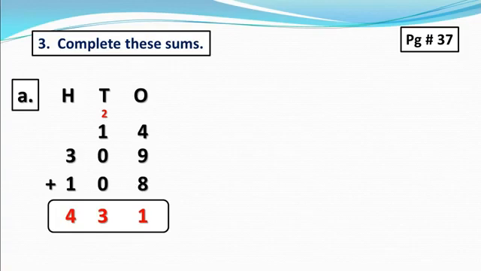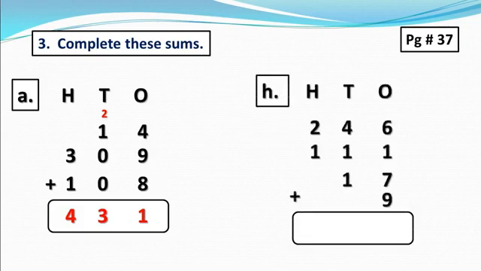Now I am going to solve part H of question 3. Start with the ones column. 3 plus 4 equals 7. 7 plus 7 equals 14. And 14 plus 9 equals 23. But we cannot write 23 in the ones column. So here we will have to convert 23 ones into 2 tens and 3 ones. So in the ones column we write 3 and 2 tens are put into the tens column above 4.